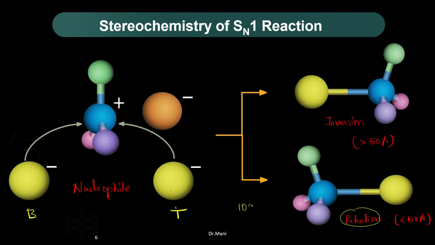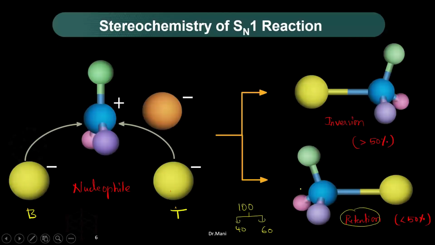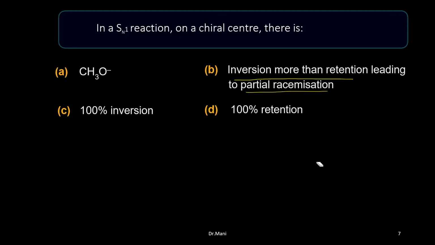If 100 molecules are formed, 40 molecules will be formed this way, retention, and slightly more will form for the inversion, so 60 molecules. So in an SN1 reaction, inversion will be more than retention, because it is slightly more and this is slightly less. That's happening because of partial racemization.